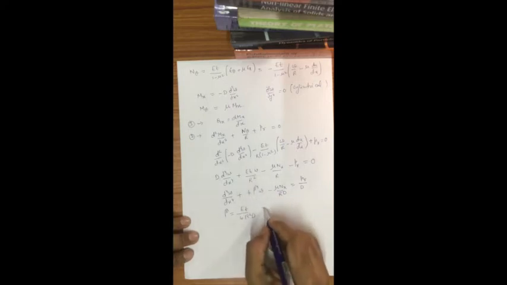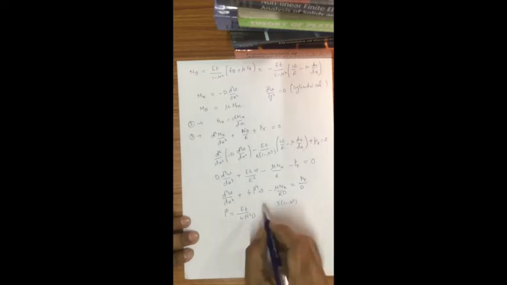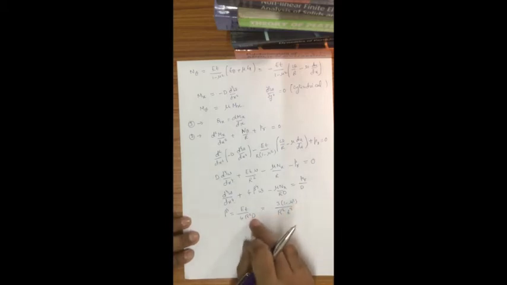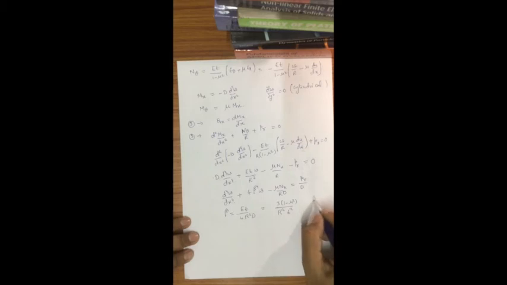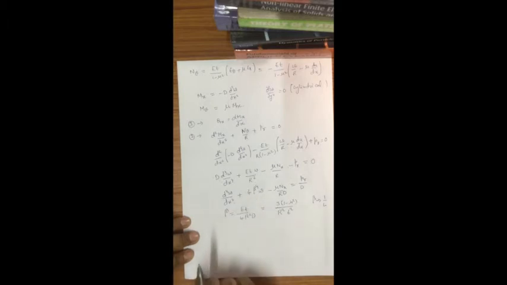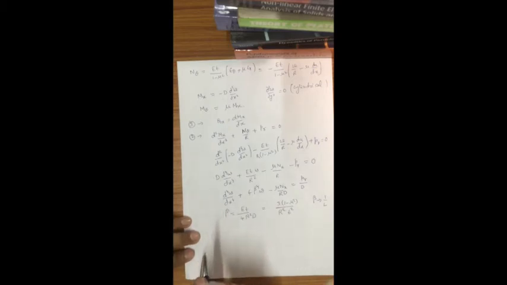In other words, this is also equal to 3 into 1 minus mu square, I am substituting D, divided by r square into t square, where D is Et cube by 12 into 1 minus mu square. So beta has a unit of 1 by L, so therefore the unit is maintained in this equation, right? So that's what we intend to do.